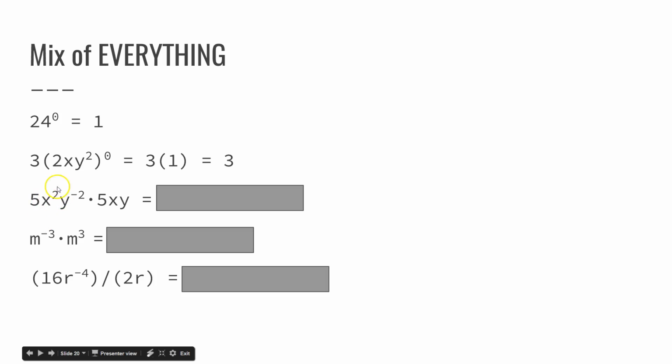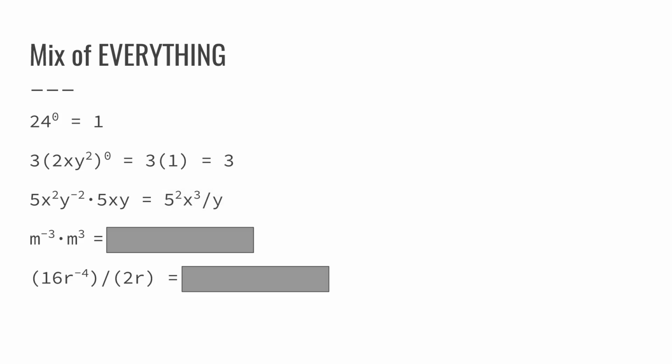We have 2 of them being multiplied here, and then we're multiplying a third one over here. So that's x to the 3rd power. And then we have y to the -2nd power and y to the 1st power over here. So -2 plus 1 is -1. Can't have negative exponents, so bring it on down to the bottom.